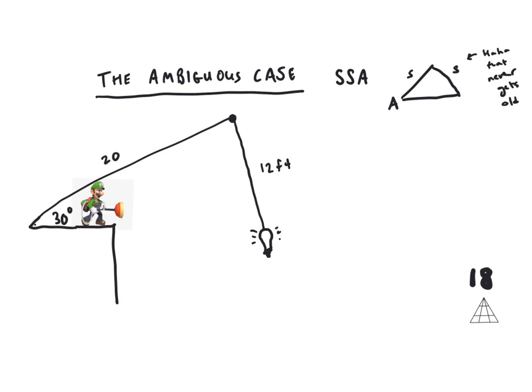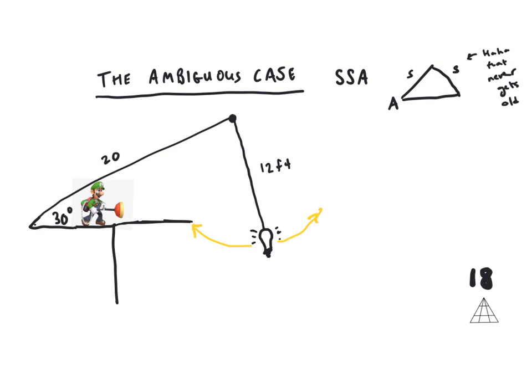Now the idea is this light bulb or chandelier, whatever it is, swinging back and forth, always with a length of 12. And I guess the goal here is to figure out when is it going to be exactly even with the plunger here, or let's just say with the floor level.